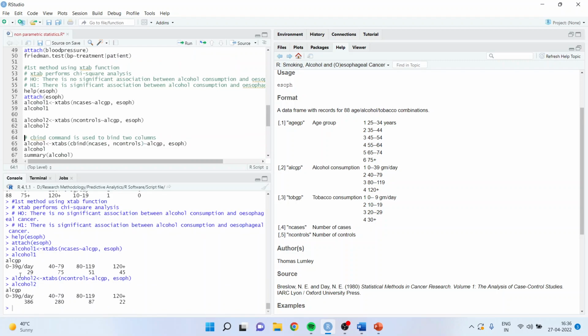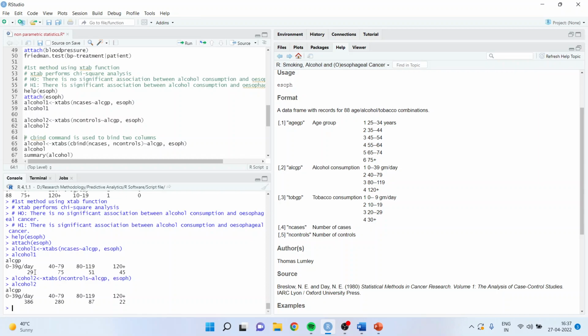There are 29 such cases which were consuming alcohol and maybe having esophagus cancer. So 0 to 39 grams per day, 29 cases are there. 40 to 79, 75 cases are there. This is the consumption of alcohol. Though they are consuming, they were not having the cancer. This is the control group, and this is the group in which the cases were recorded.